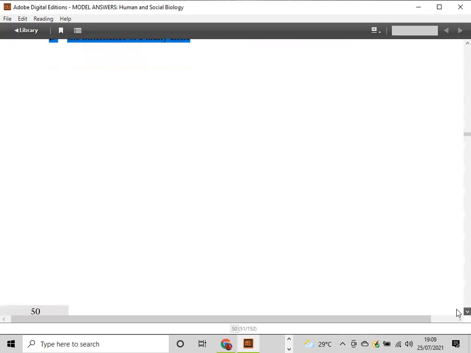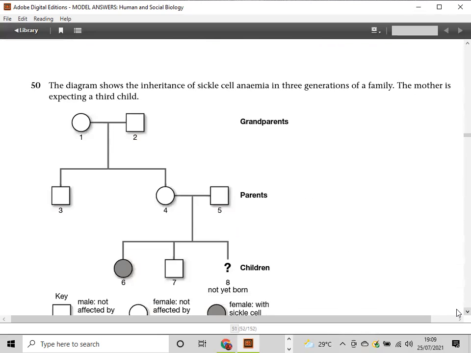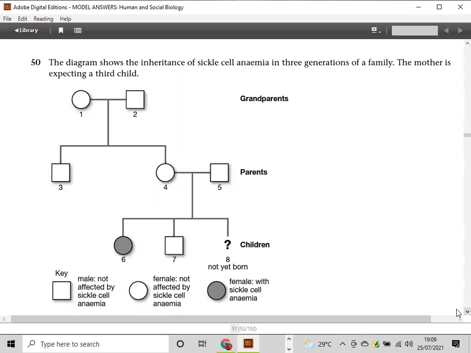Alright. So on to 50, and we have one more paper after this, guys. Oh no, two more. Let me see. One more, we can't manage the next one.